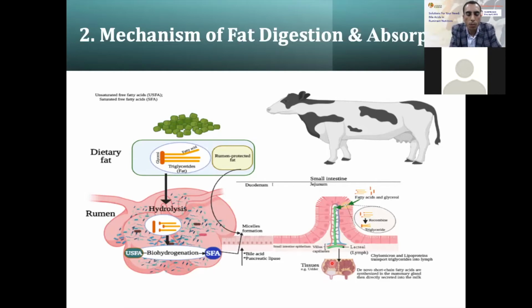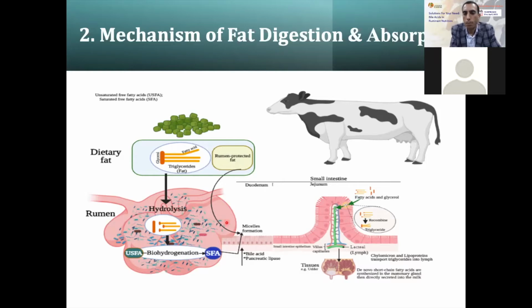The second form is supplemental, like rumen protected fat and sodium or calcium salts. This form is already saturated fatty acid, and it crosses the rumen without any modification or change.